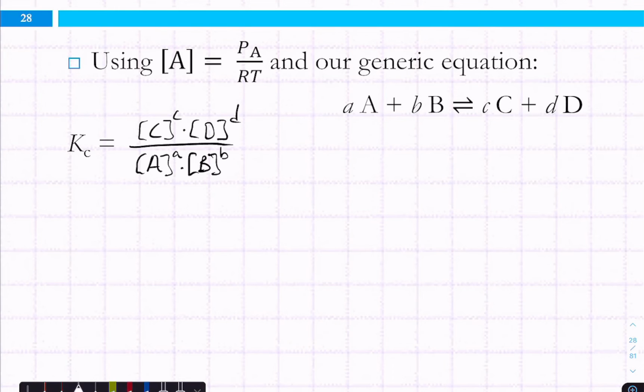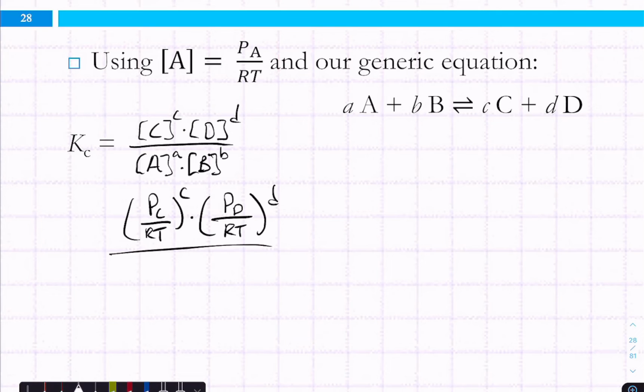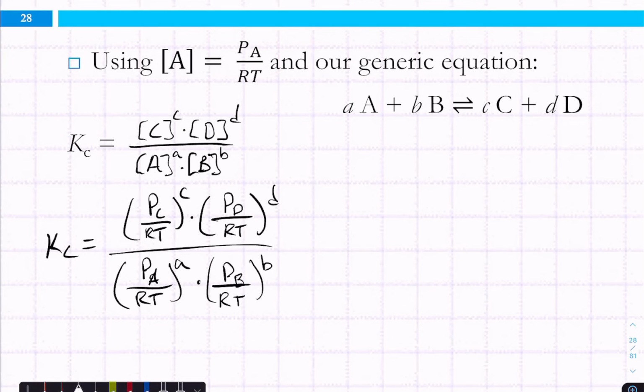We can now substitute out the concentration of each of those things with the partial pressure divided by RT. And then it becomes the partial pressure of C over RT raised to the c, times the partial pressure of D over RT raised to the d, over the partial pressure of A over RT raised to the a, times the partial pressure of B over RT raised to the b. Okay, well, that's still pretty messy.